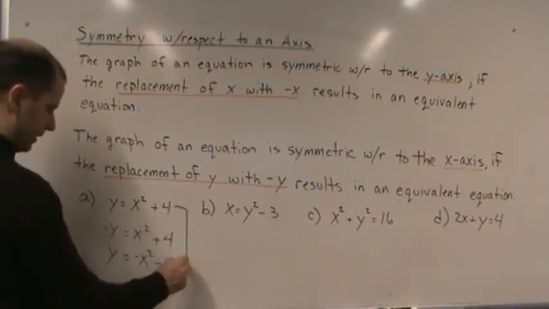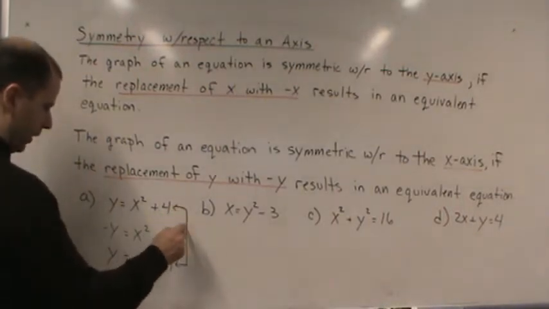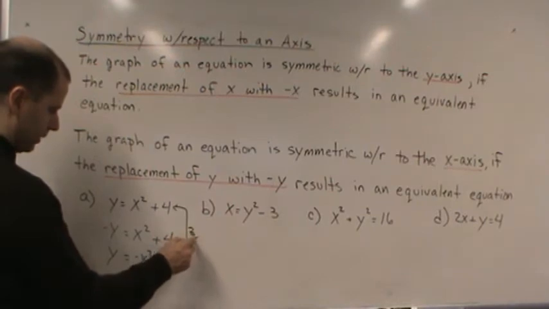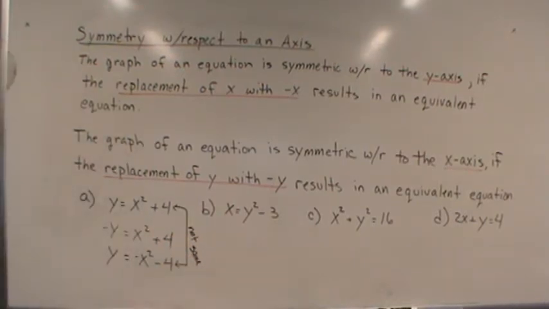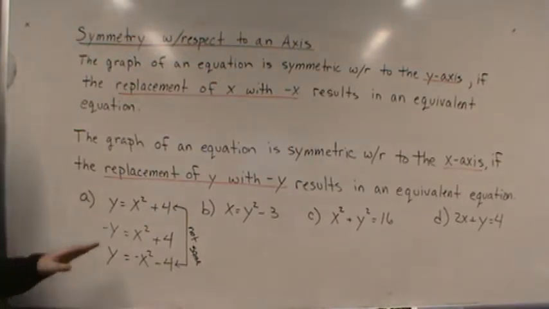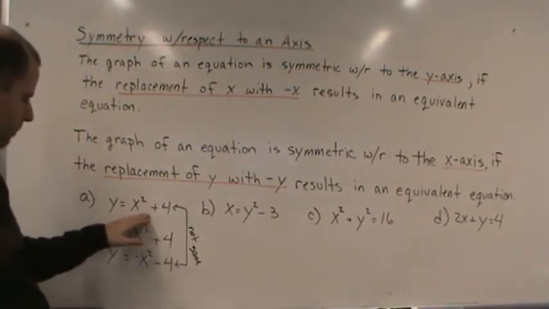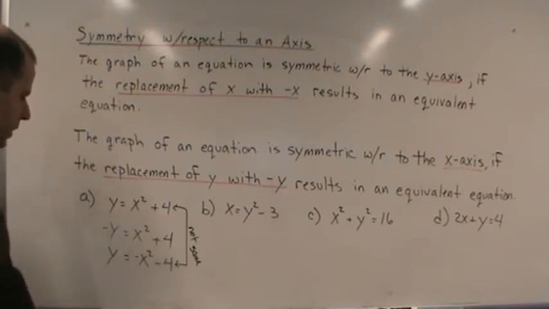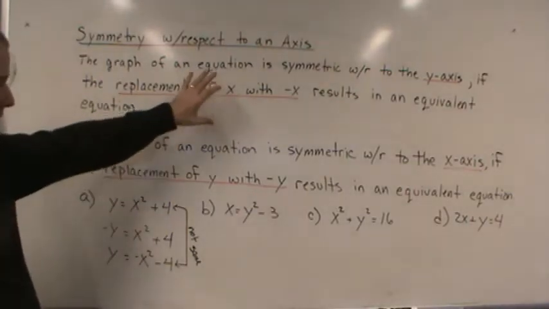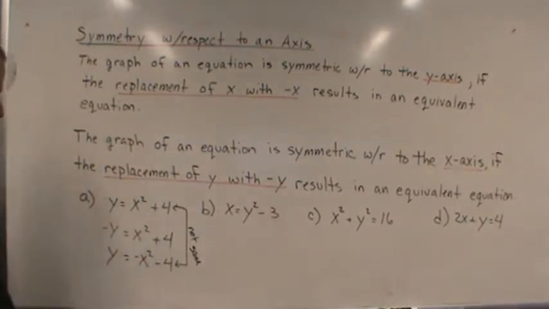It's obvious that these two equations are not the same. Therefore, the graph of this function is symmetric with respect to the y-axis, but not symmetric with respect to the x-axis.